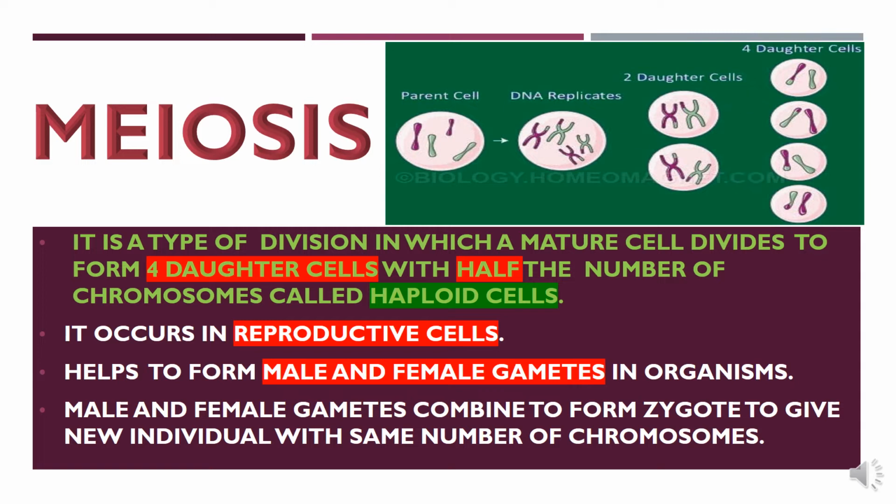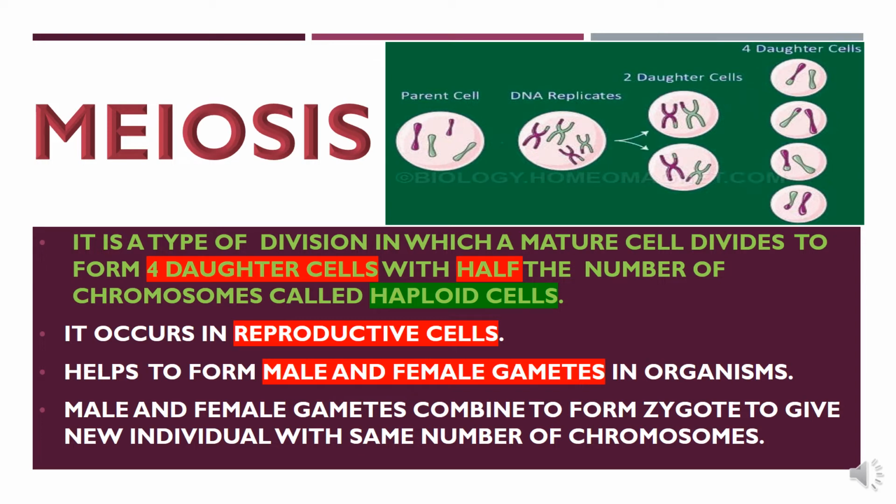And male and female gametes further combine during fertilization to form a zygote to give a new individual. You know that the life of every multicellular organism starts from the single-celled zygote, which is a major step of sexual reproduction, in which these two gametes' nuclei combine together, and now the cell acquires the same number of chromosomes.